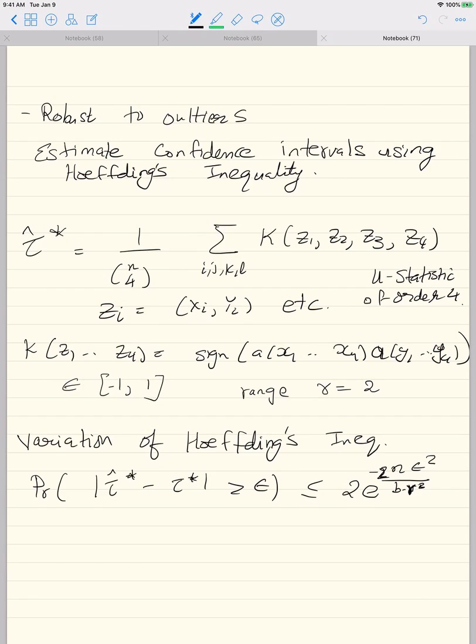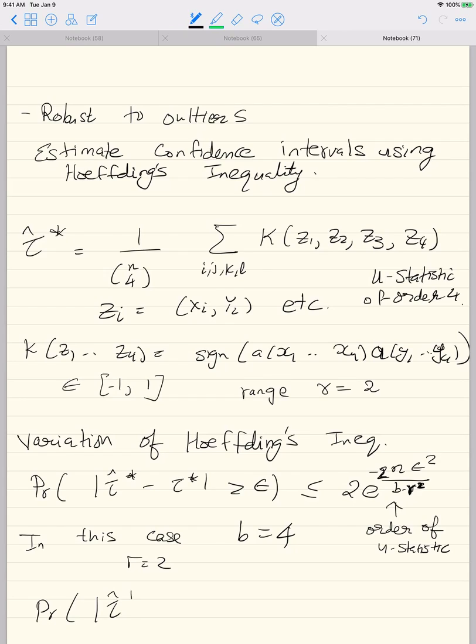So if we have a U statistic of order b, all we change is a b in the denominator, and r is the range here. In this case, b is 4 because we are using a U statistic of order 4, and r is 2. So the probability that tau hat star minus tau star is greater than epsilon is less than 2e to the minus n epsilon square by 8.